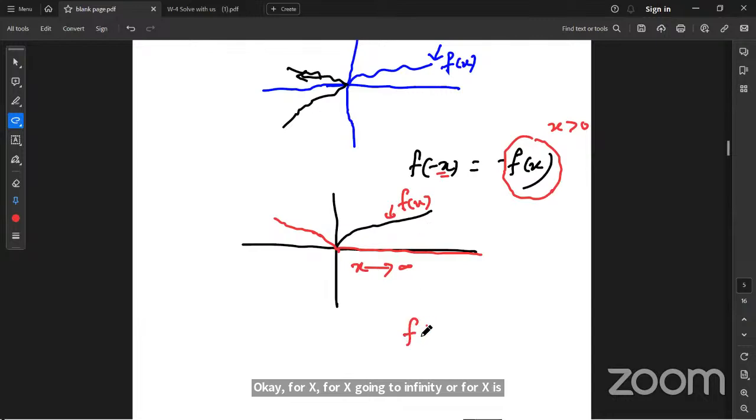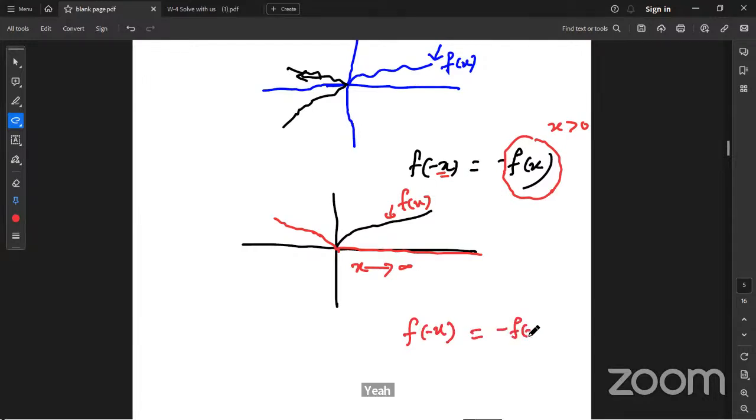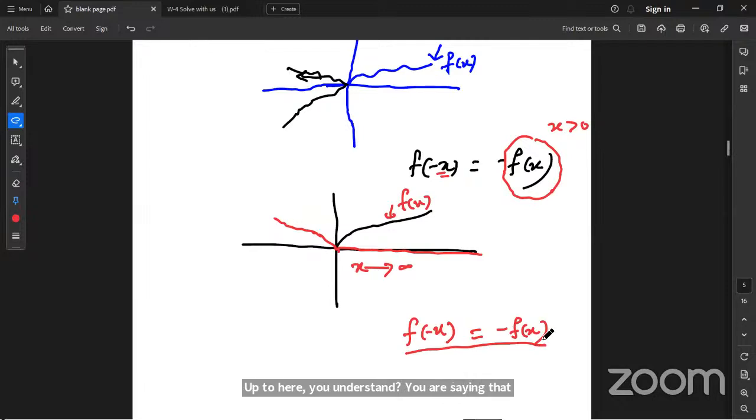You are saying a condition that f of minus x is equal to minus of fx. Up to here, you understand? Now if the condition were f of minus x is equal to fx, how would it look?